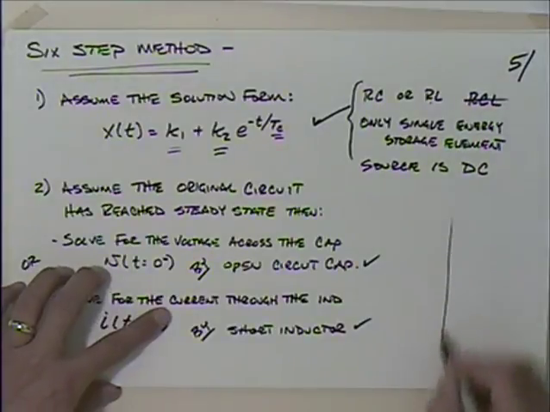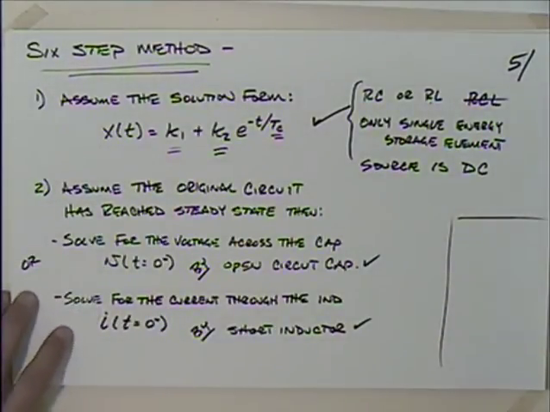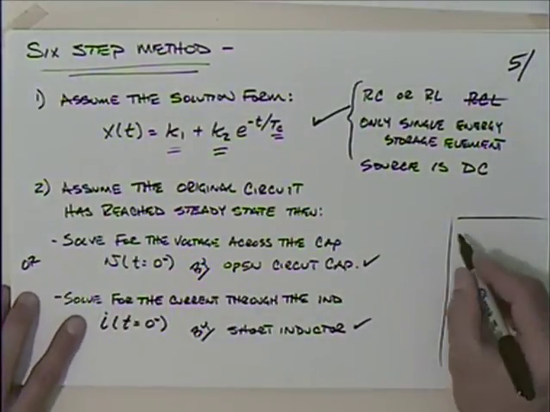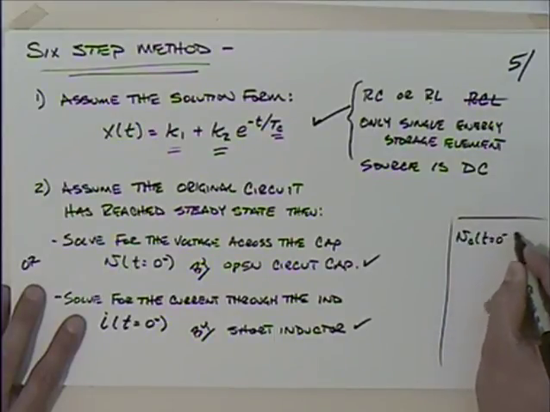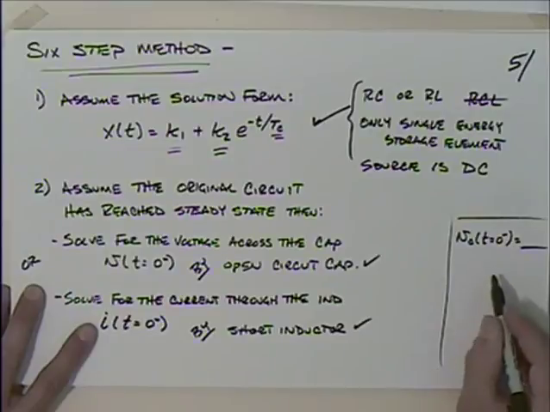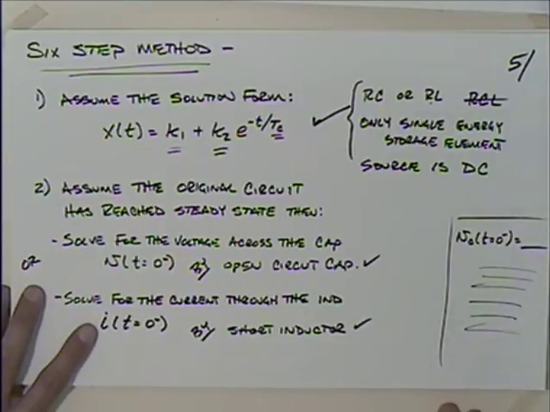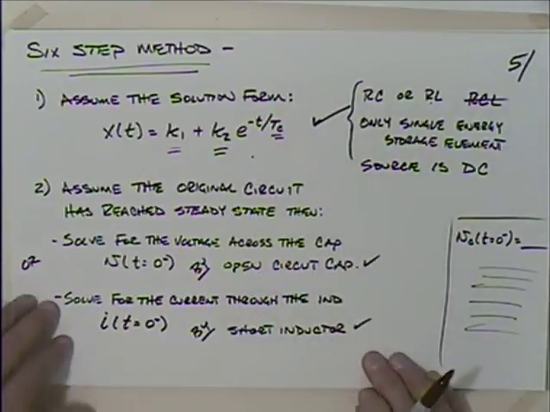A lot of times what I'll do is build a little score sheet, because we have lots of things to figure out in here. I'll talk about the voltage across the capacitor at t equals 0 minus, and say that's equal to something. Because we may have several pages of work, we'll keep our score sheet here so that we can come back to what we found and use it to answer this.